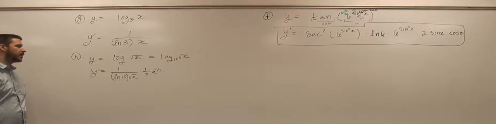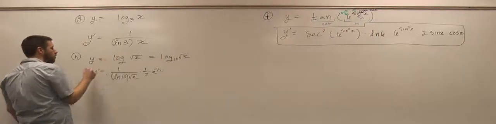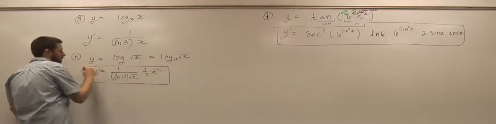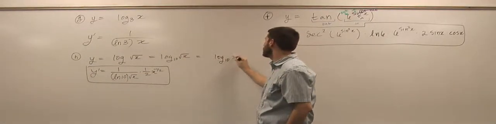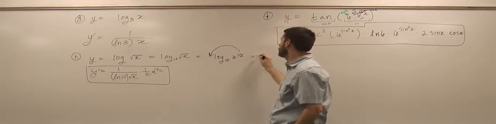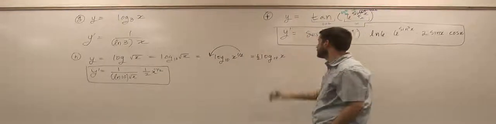Well, that's making our life a little hard. If you didn't like that root, how could you have simplified this in the beginning? You could have applied the log rules: x to the 1/2, the 1/2 comes down in front, so 1/2 log base 10 of x.